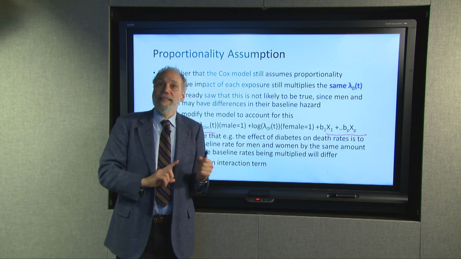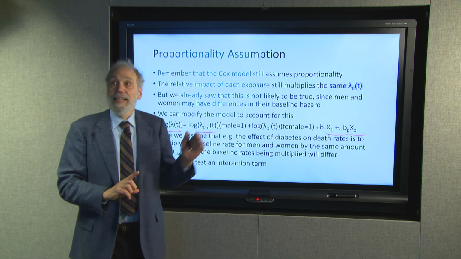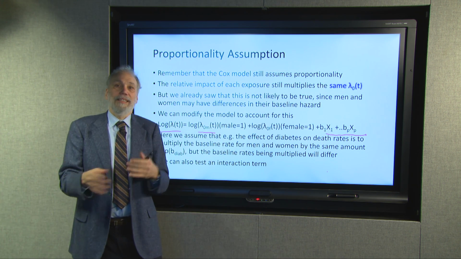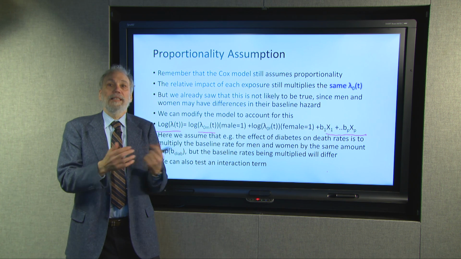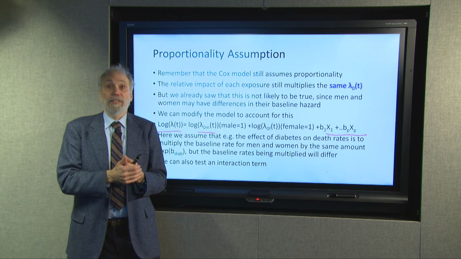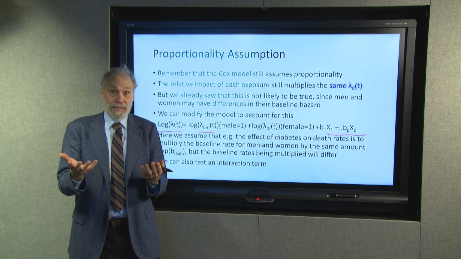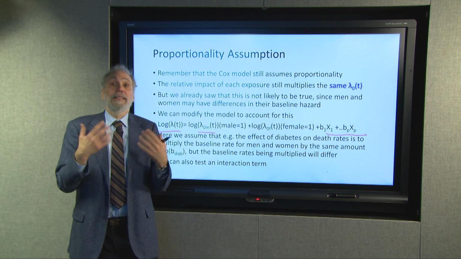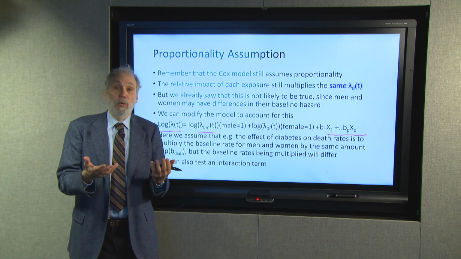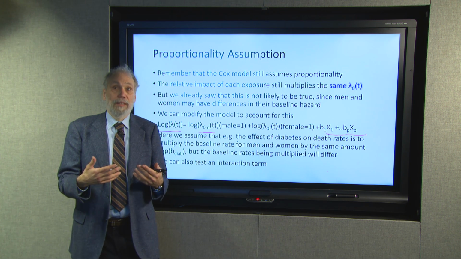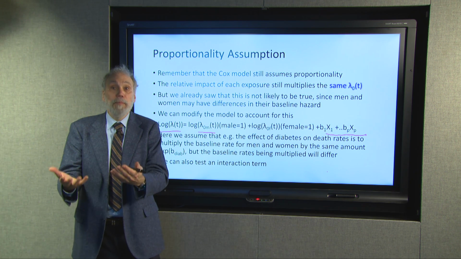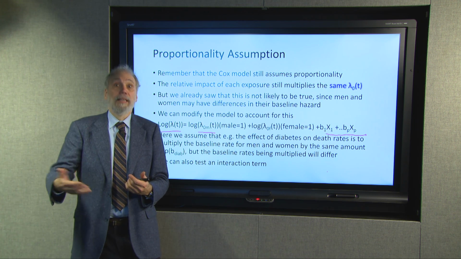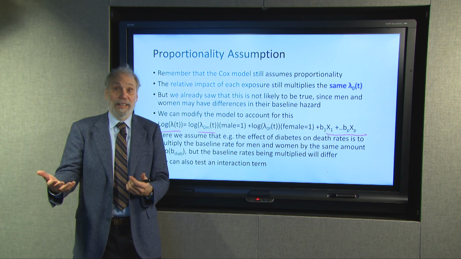So one last thing I'd like to say is, remember in the beginning I said we didn't observe all the failure times, right? Some of them are censored. All of these methods still require us to assume that those missing failure times are missing at random, conditional on the covariates.